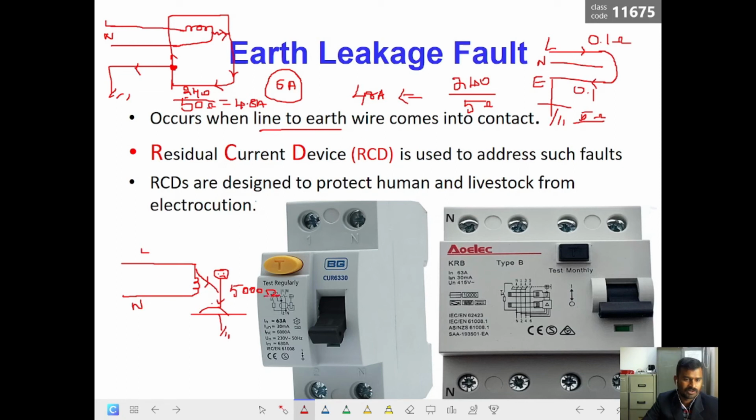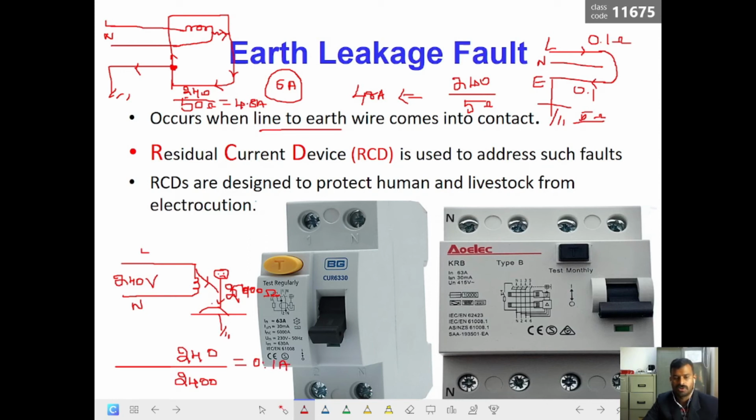Okay, so a certain amount of current would pass through him. If you take this as 240 volts and let me take this as 2400 ohms resistance for easy calculation, then 240 divided by the resistance of 2400 ohms gives you only 0.1 amperes.